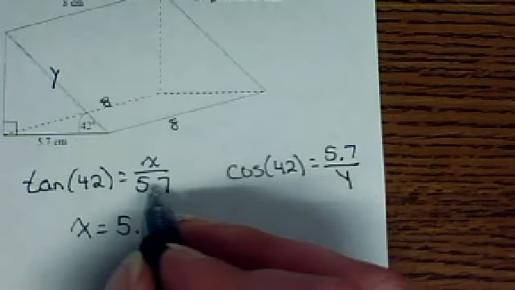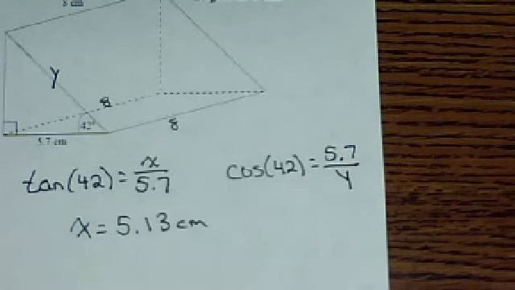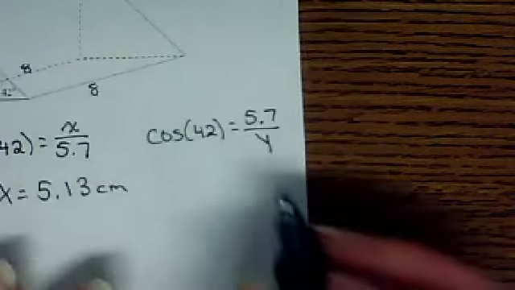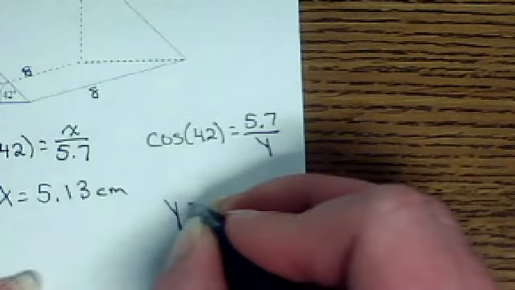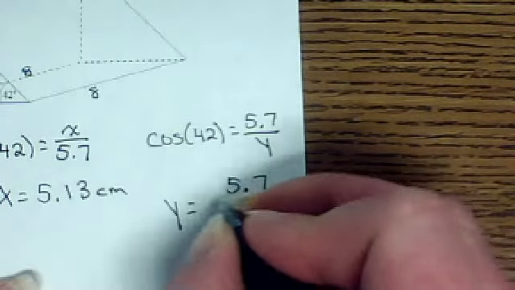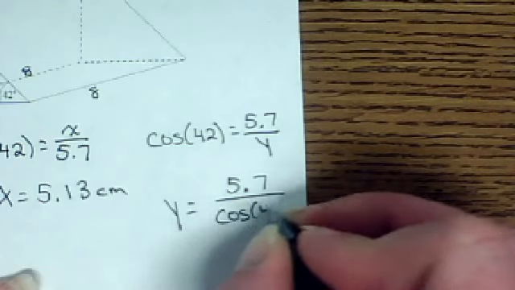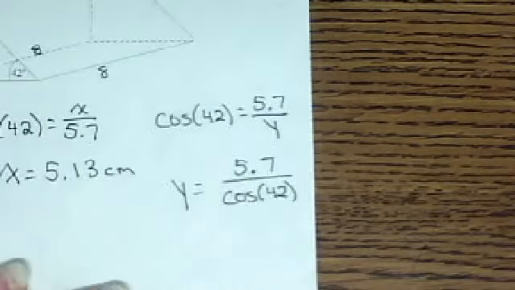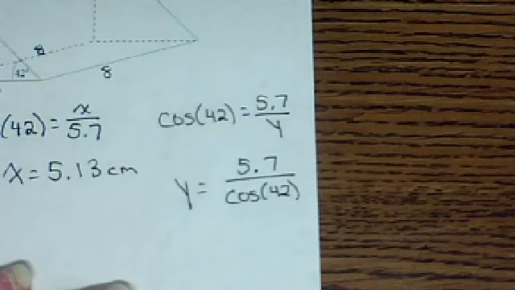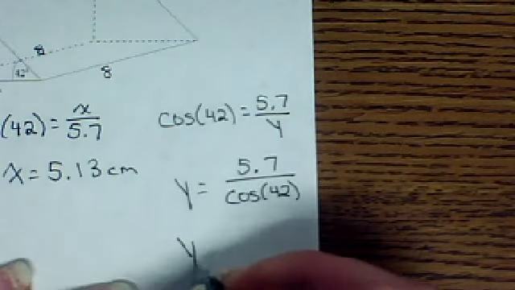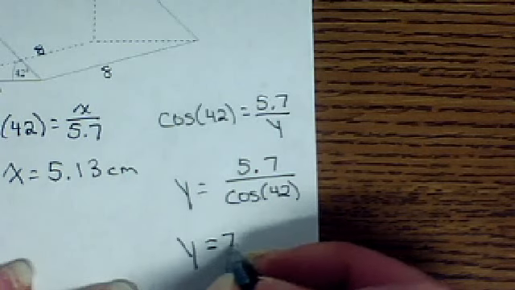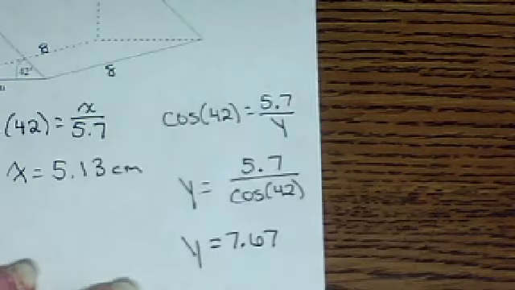Now remember, over here, I could take 5.7 times tangent 42, but on this side, it's going to be 5.7 divided by cosine of 42. And hopefully, if you did it the other way too, you got 7.67 as well.